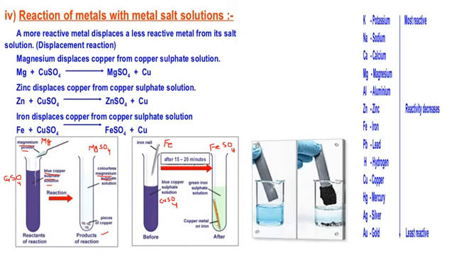Look at the third picture. In this picture is a copper sulfate solution, again CuSO4, and what we have put, I think this is zinc. Okay, this is zinc metal.